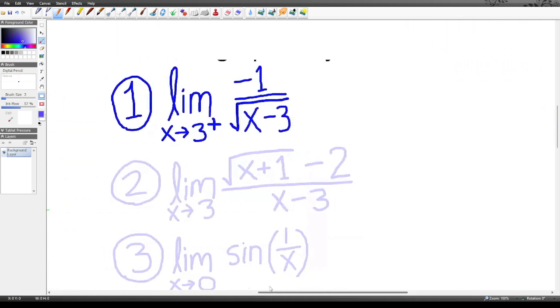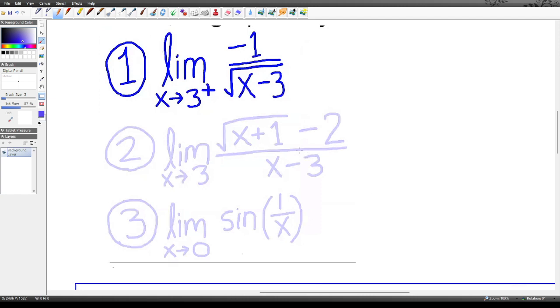So here we have 3 functions. Let me show you graphically in decimals.